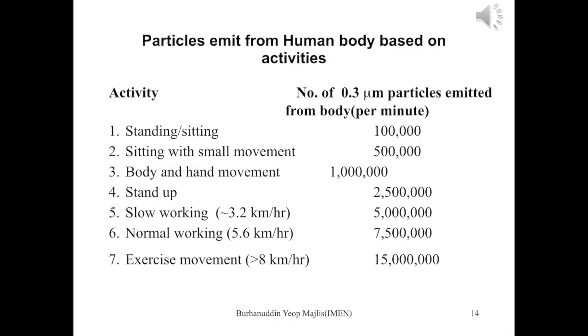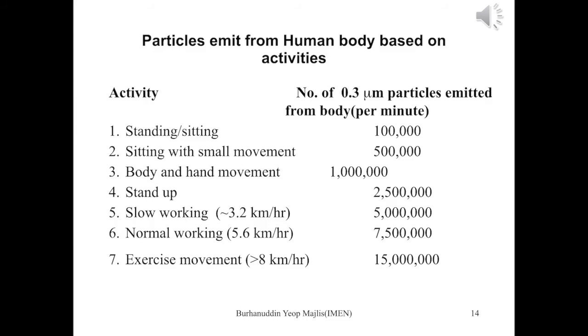Particles emitted from the human body depend on activity. No matter how beautiful your body is, you still emit particles, but because they are very small you cannot see them.